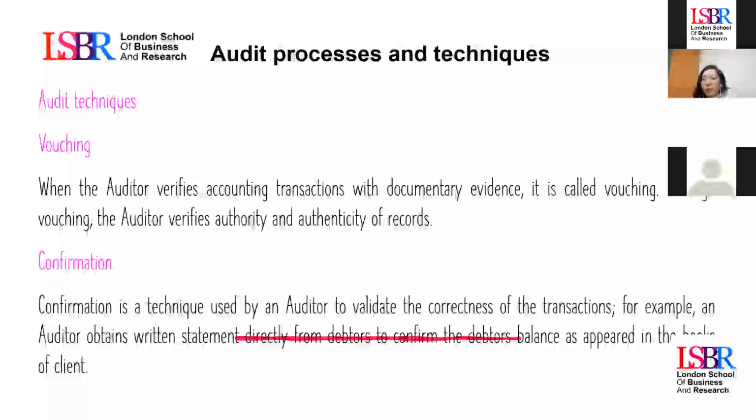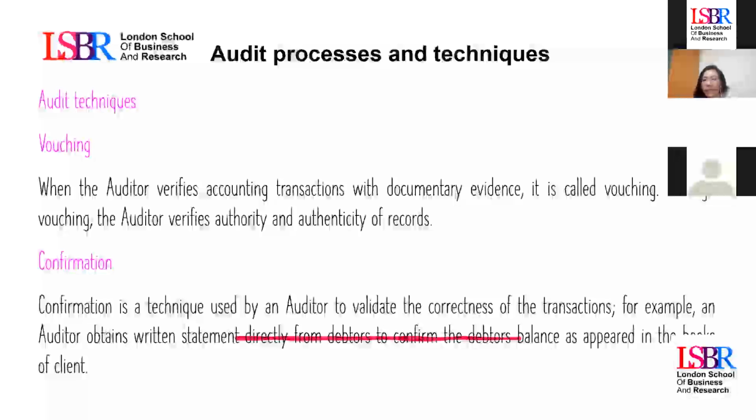If we are reviewing the expenses area in the financial statements, for example the expense related to oil or fuel, or electricity, or payroll, and we review the document, this technique is called vouching.